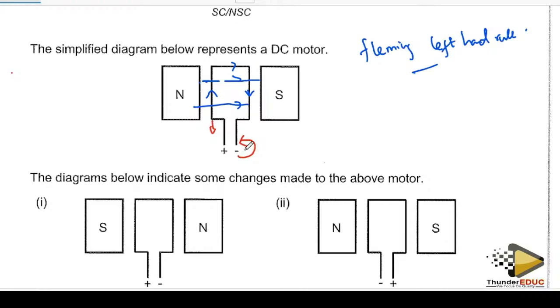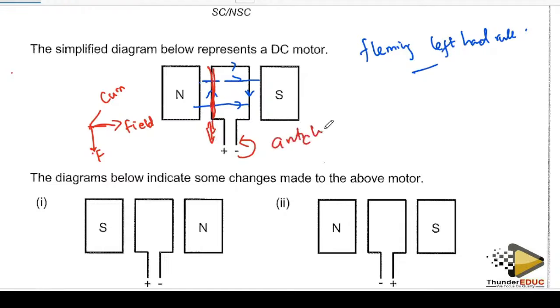If I use my Fleming's rule, I'm going to end up with something like that. This is my force, this is the field, and this is the current. I'm just looking at this part alone. The field, current, then it's going to go down. Once it goes down, the rotation is going to be anti-clockwise.